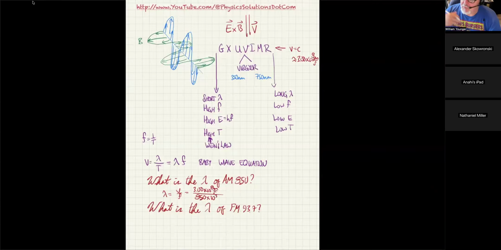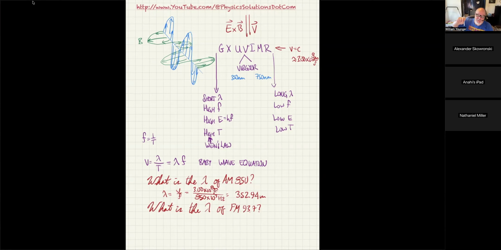And it's 10 to the third because it's kilohertz, or excuse me, 10 to the third hertz. So 3 times 10 to the eighth divided by 850 times 10 to the 3 gives me 352.94 meters. That's like four, maybe more than four football fields long.